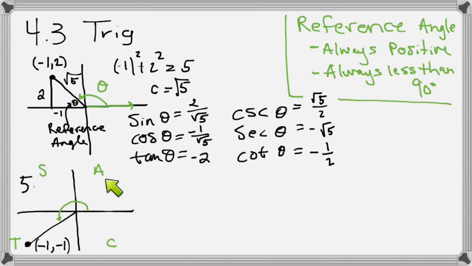That means x and y are both positive. It means all trig functions here are positive. S. Okay, S is sine and its reciprocal are positive. T, tangent, and its reciprocal are positive. Cosine and its reciprocal are all positive.